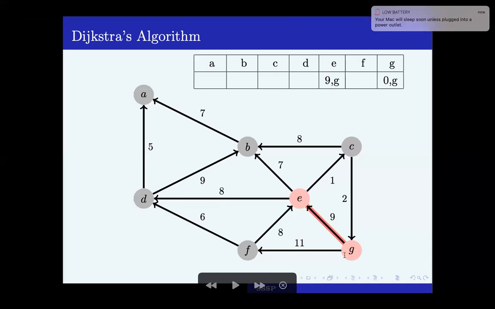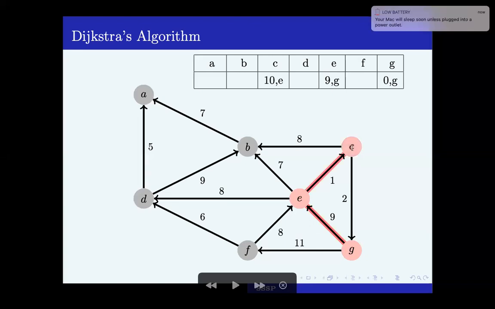Similarly, G to B by going through E is 9 plus 7, 16. G to D is 9 plus 8, 17. And G to F is 11. So we have 16, 17, 11, and 10. The minimum is C. I take C into my boundary.